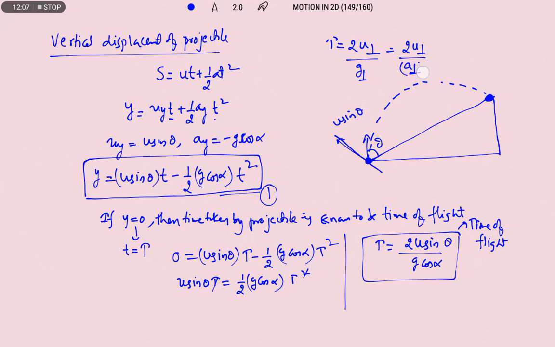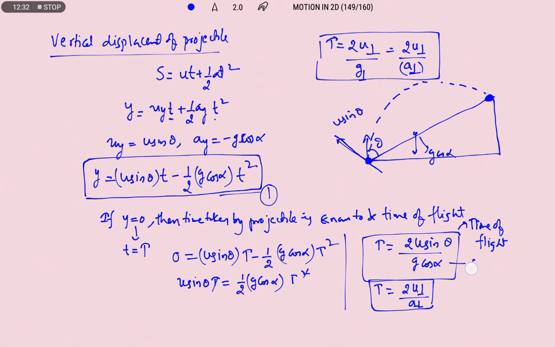In the same way, vertical acceleration will be g cos alpha. The same we are going to get. So this is a way of remembering the formula for time of flight on the inclined plane. So this is number 2, and this is number 3. So this is the expression for time of flight.